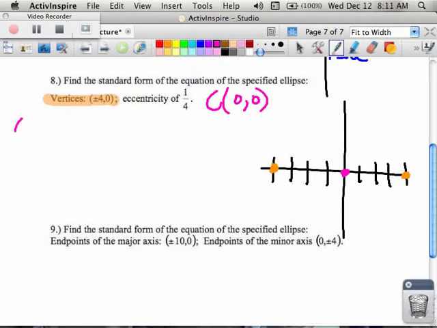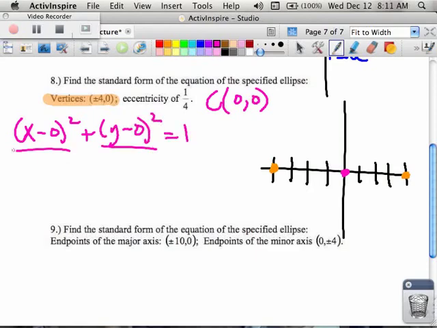I can start off my equation with (x minus 0) squared plus (y minus 0) squared equals 1. Since those are the vertices, I know that this distance called a is 4. Or in other words, that's telling me that the number that goes under my x, since it was in the horizontal direction, is 16.